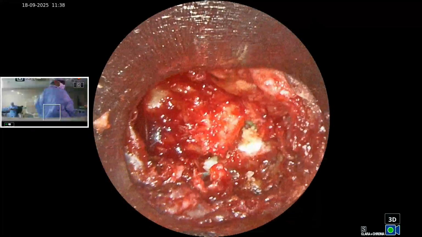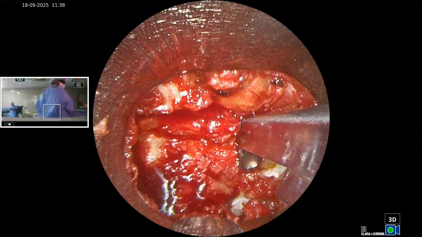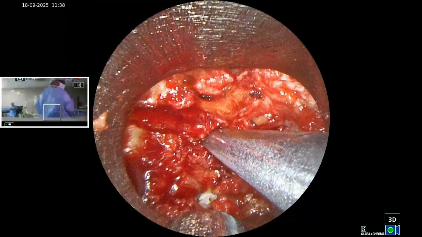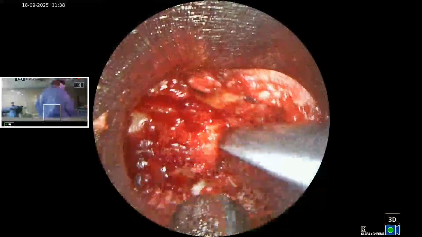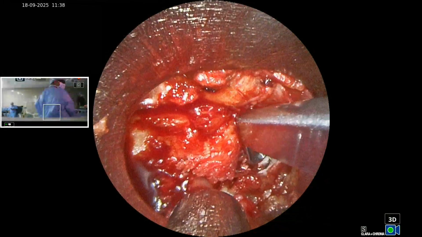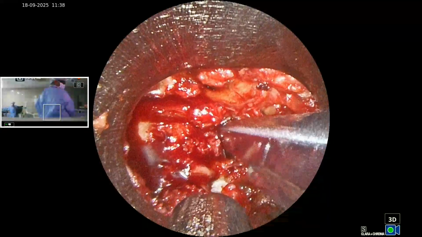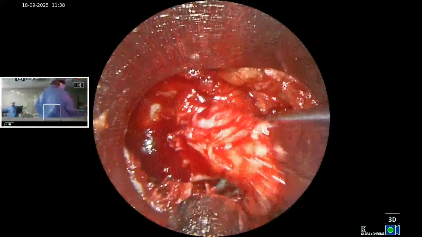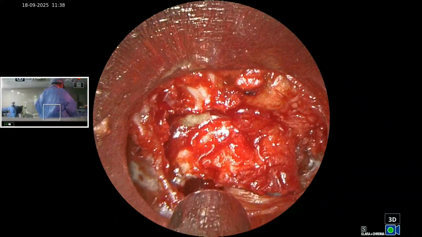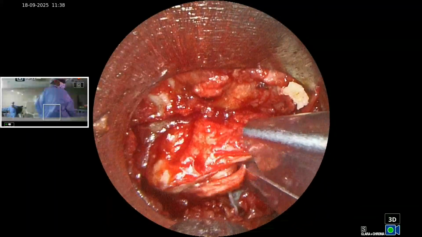Now this is the detachment of the flavum from the inferior lamina. Now this is the flavum, the deep layer of the flavum.